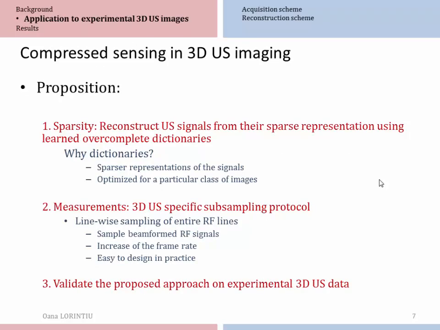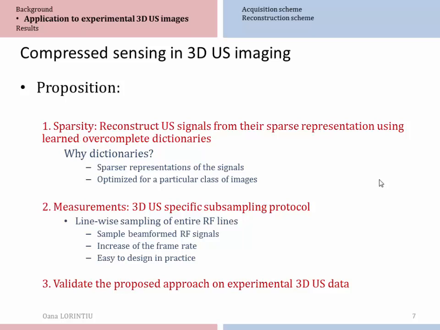So we propose, from a sparsity point of view, to reconstruct our ultrasound signals from their sparse representation in a learned overcomplete dictionary, because this dictionary will permit a sparser representation of the signal, and it will be optimized for our class of ultrasound signals. And from a measurements point of view, we propose a 3D ultrasound specific subsampling protocol, which is the line-wise sampling of entire radio frequency lines.